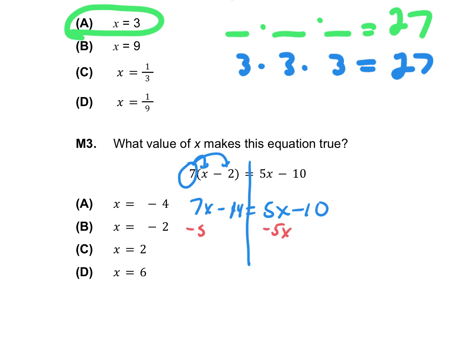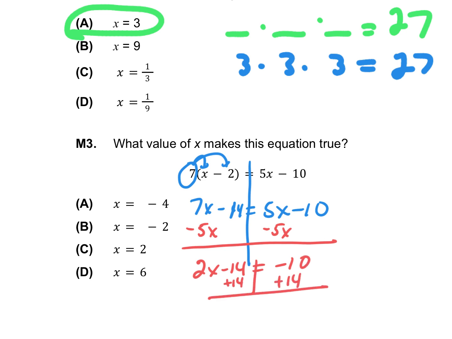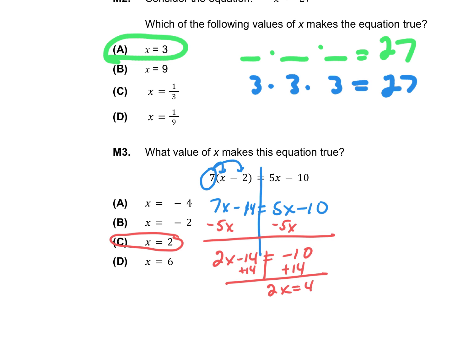Start with the smaller one. -10. Add 14. So 2. Yeah, actually if you plug it back in, that makes 0 equals 0. So that works.